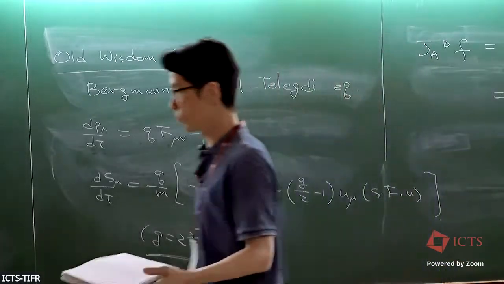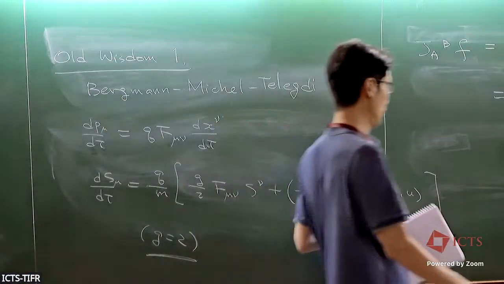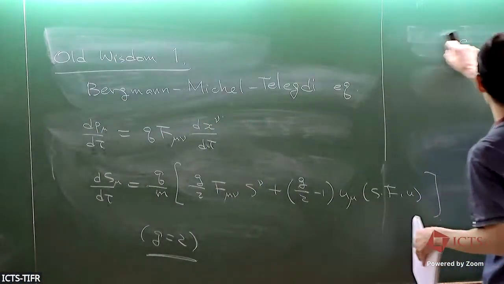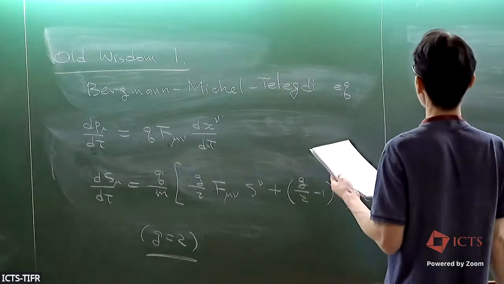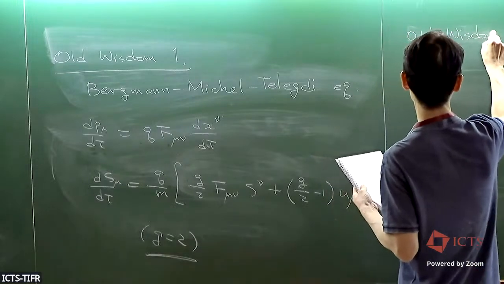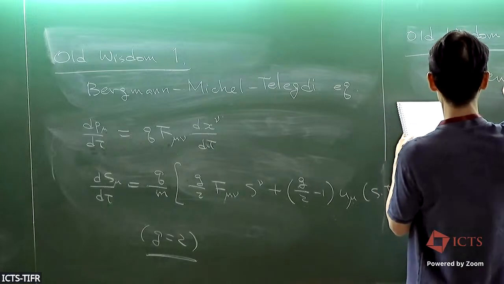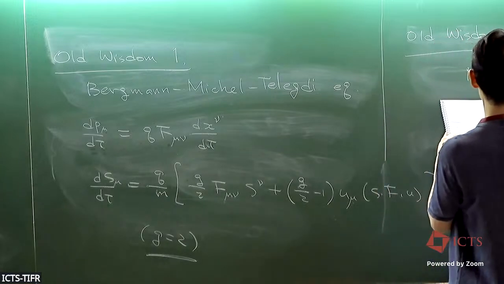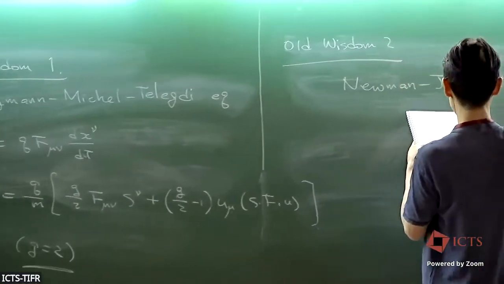And yeah, we are trying to claim that that is actually the case. And it has some history. So let me call it old wisdom number 2. And it's the Newman-Janis shift from 1965.